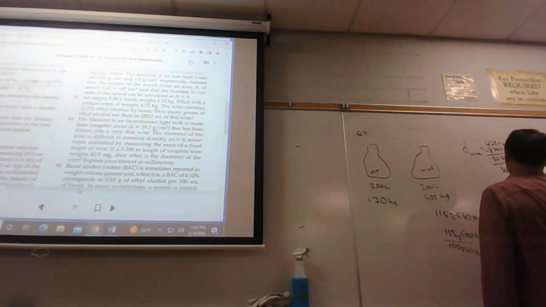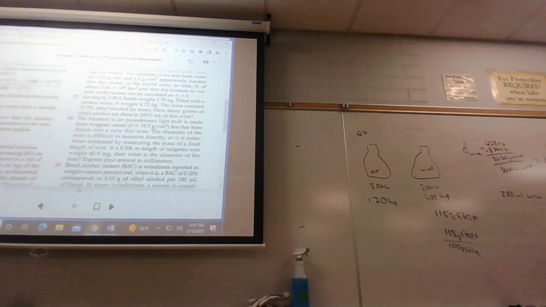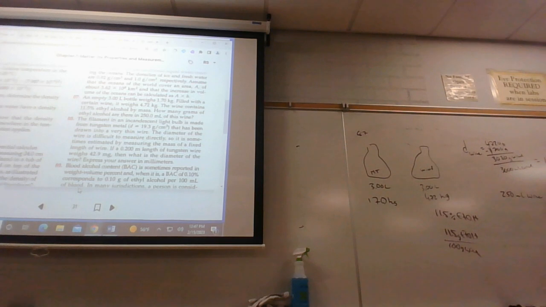So we start with 250 milliliters of wine, that's our given. Then we need to get rid of milliliters of wine, and we can because we have the density of the wine here. For every 1 milliliter of wine, we have 1.006 grams of wine. That gets rid of milliliters of wine and gives us grams of wine. And then we can just go to grams of ethanol.